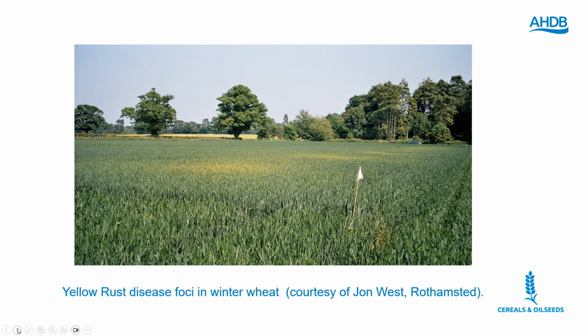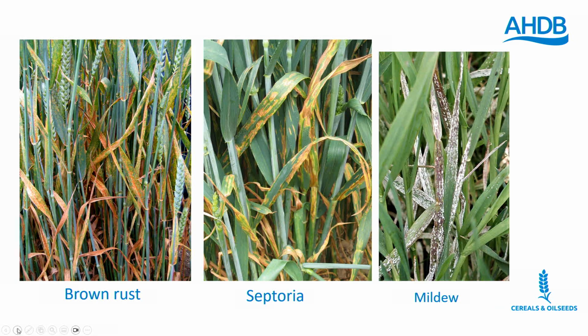Now, of course, that's not the only problem that the farmer has to deal with. Here's some others, and in the survey we include brown rust and mildew. Septoria is a focus because of its importance in the wheat crop in particular, and last year, for instance, there was a severe Septoria year. At the moment, there's not a lot of analysis of the populations.